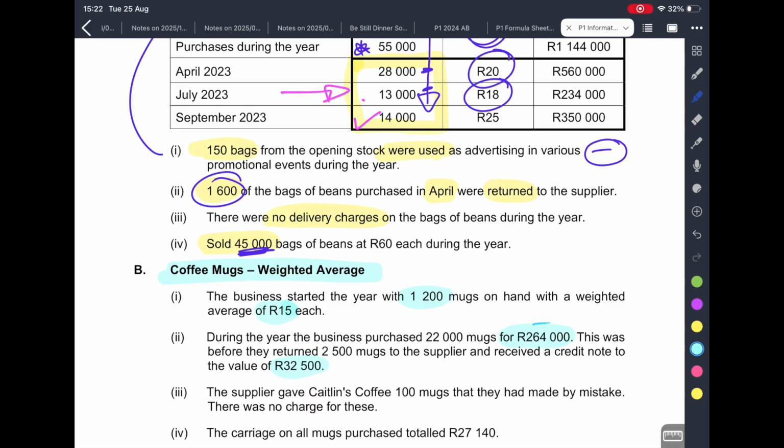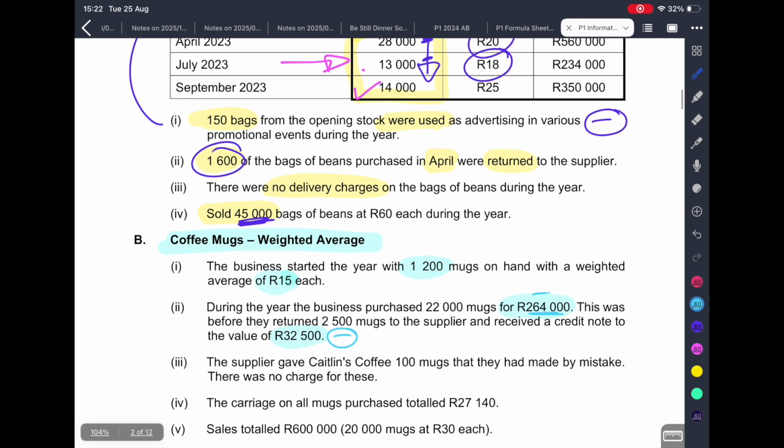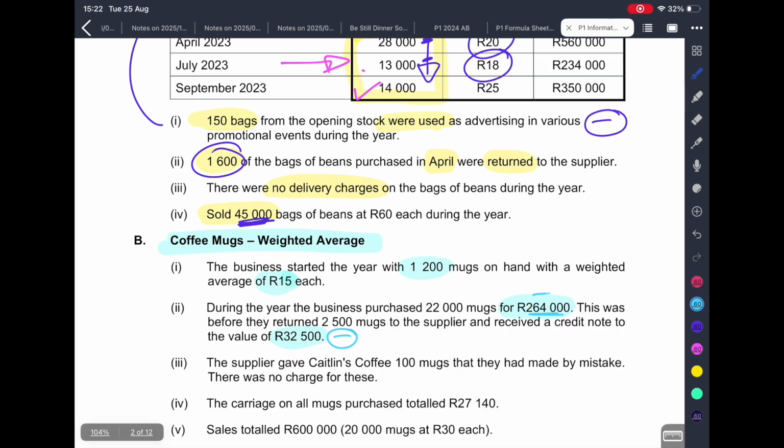The 32,000 was actually a return that was done. So I'm going to take that out of the 264,000 worth of mugs that was bought. And then there's a unique one where there's 100 mugs that was just given to us. And that will just be added as stock, but they've got no value because I didn't have to pay for them, but I will be making profits on them. I'll show you what I mean by that.